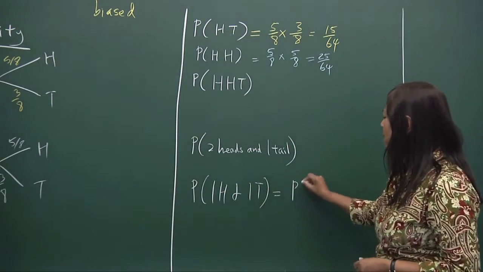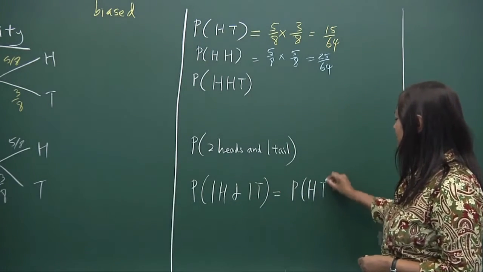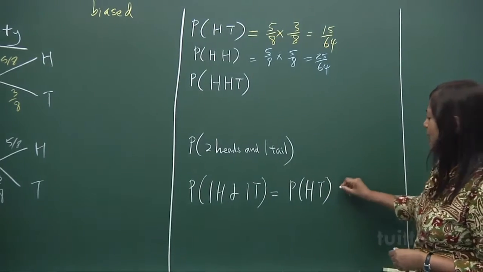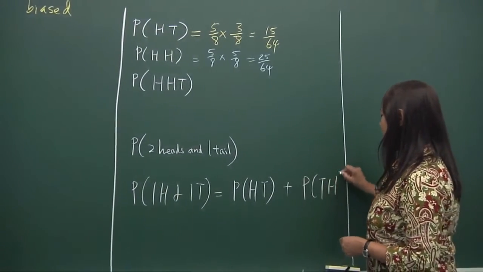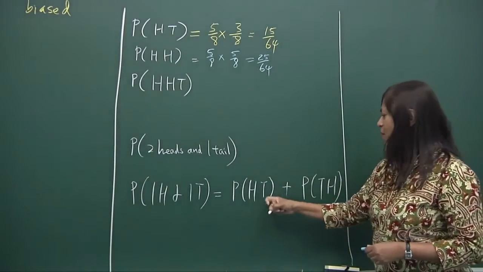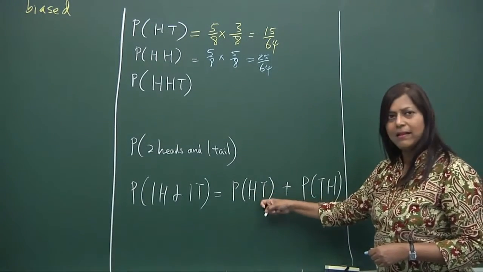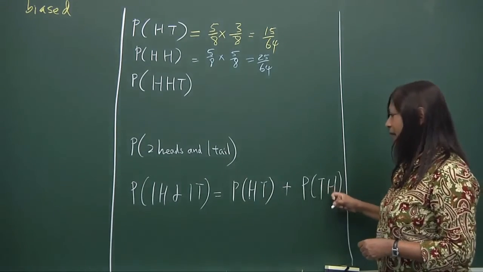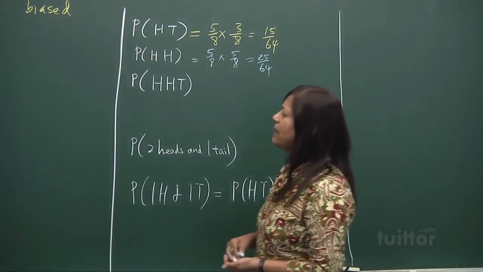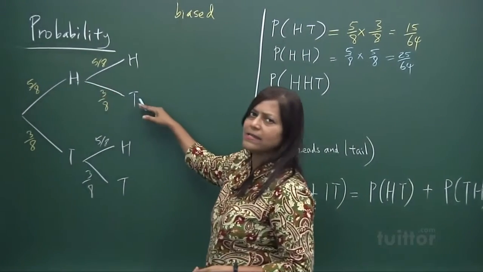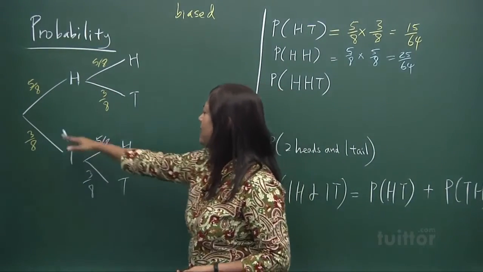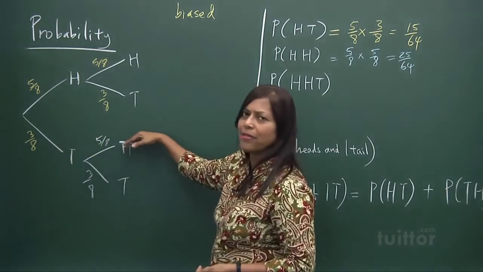It can be a probability of a head, tail, plus a probability of a tail, head. So we look at the head, tail. Look at this path. That's a head tail. And a tail head is this path.